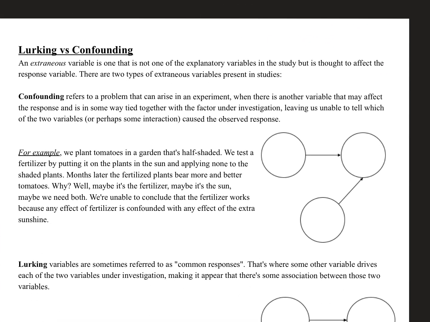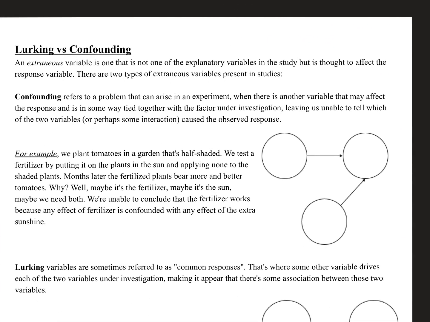All right. Now we're going to discuss lurking variables and confounding variables in more detail. An extraneous variable is one that is not one of your explanatory variables in the study, but it's thought to have an effect on the response variable.